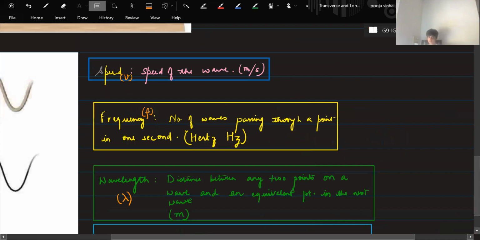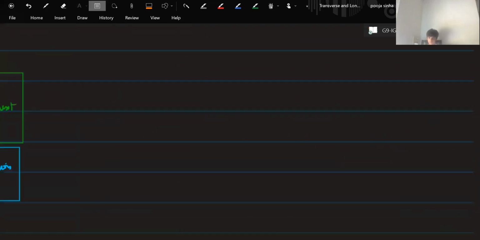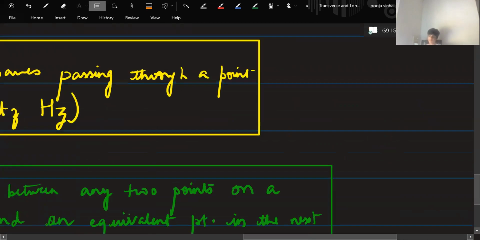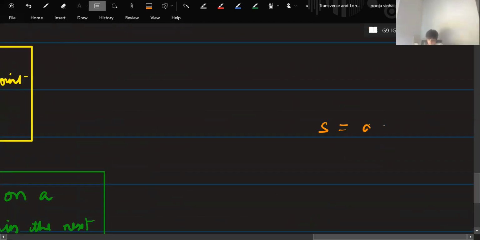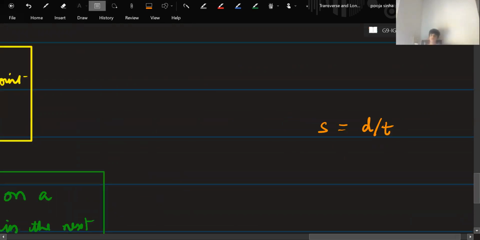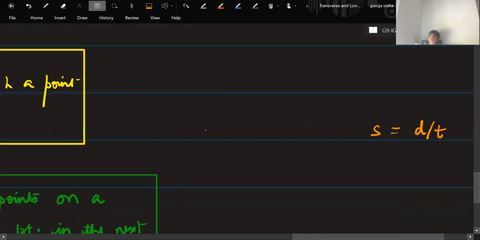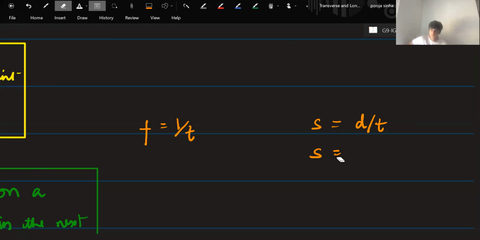ठीक है. अब मुझे एक चीज बताओ before you remember this formula. Speed is equal to distance upon time. You know that speed is equal to distance upon time, right? Now this frequency is equal to 1 upon time. So speed को मैंने ऐसे ही रखा. Let me just write full forms of this.